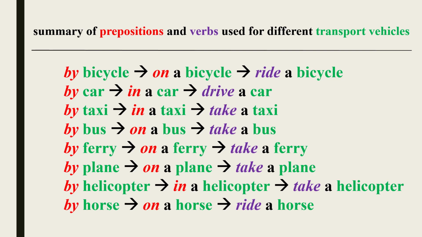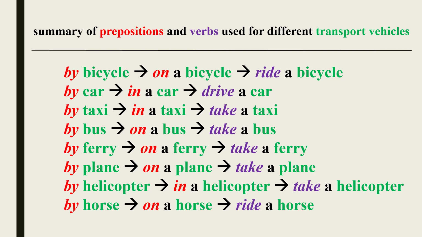Here is a summary of the prepositions and verbs used for different transport vehicles. By bicycle, on a bicycle, ride a bicycle. By car, in a car, drive a car. By taxi, in a taxi, take a taxi.